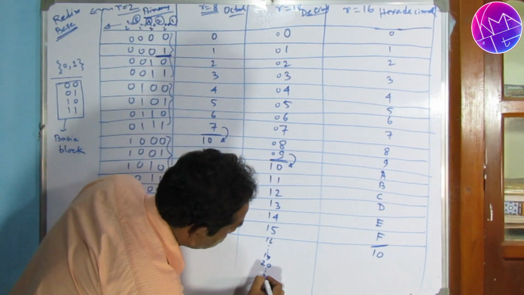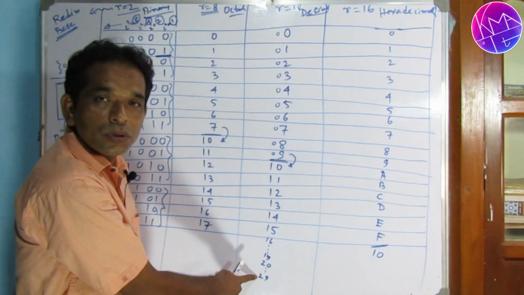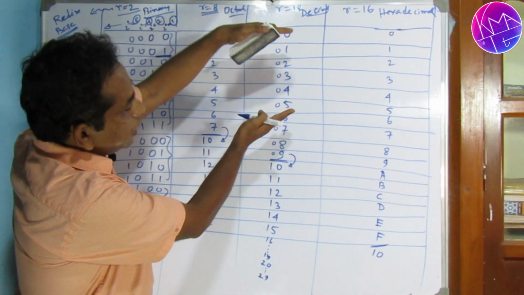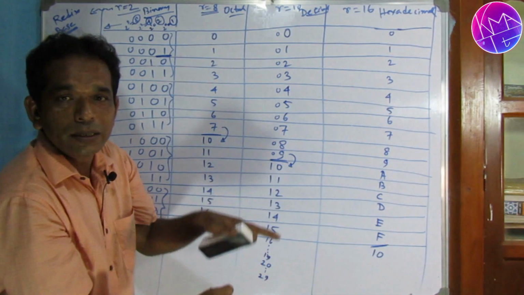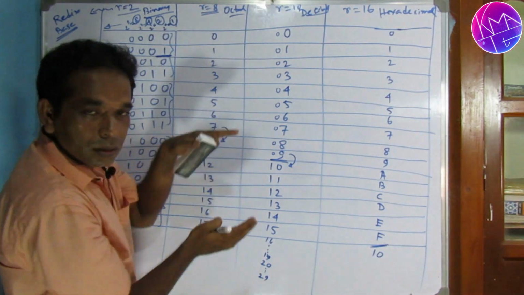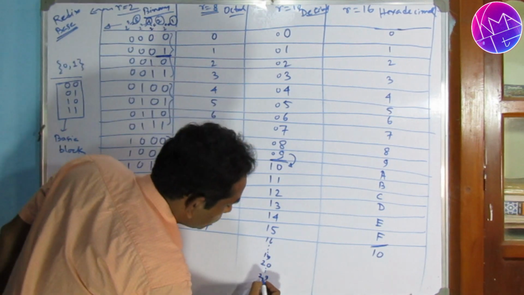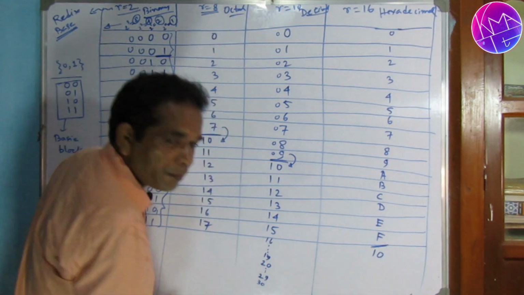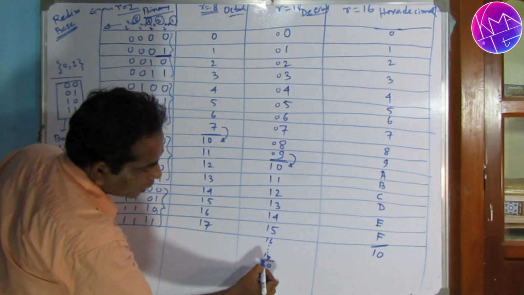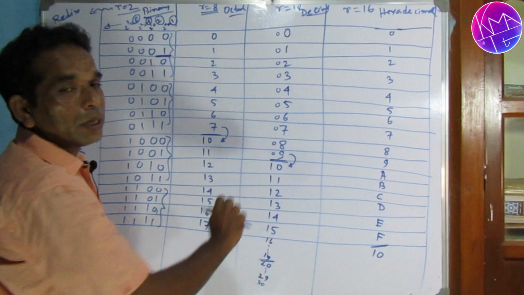From 20 to 29 all left digits are 2s and right digits are 0 to 9. So this 0 to 9 is repeated on the right hand side, and on the left hand side zeros, 1s, 2s, 3s. Similarly after 29, 30 will come. After 19 you can see 20 comes in our well-known decimal number system.